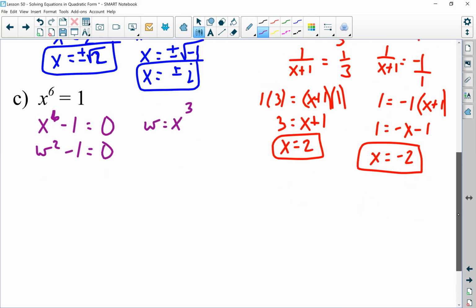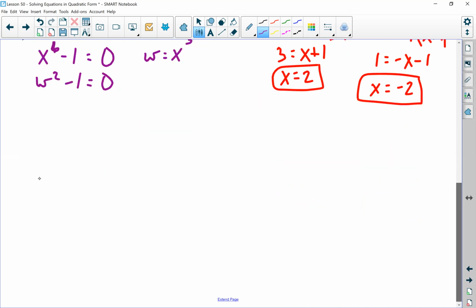And now I have a difference of squares. So I'm going to write the factored form w plus 1 times w minus 1 equals 0.